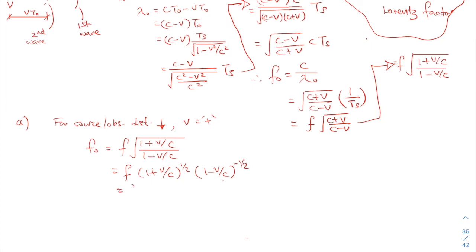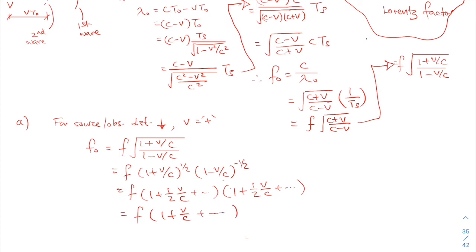Using binomial expansion, I'm going to ignore the terms that come after the second term. And I do the same for the other bracket, ignoring the terms that come after the second term. And then when I expand this out, I get this, and again I ignore the third term onwards.